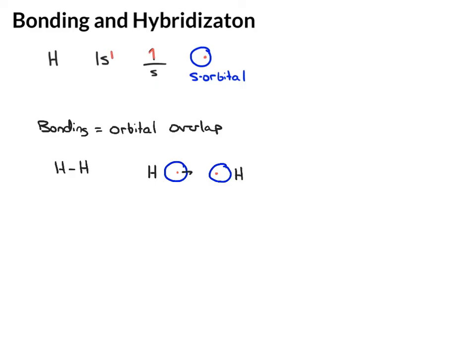And those will come together and overlap. And now we formed the bond between the two hydrogen. This particular bond is called a sigma bond. And a sigma bond is a bond that's formed between the head-on overlap of orbitals.